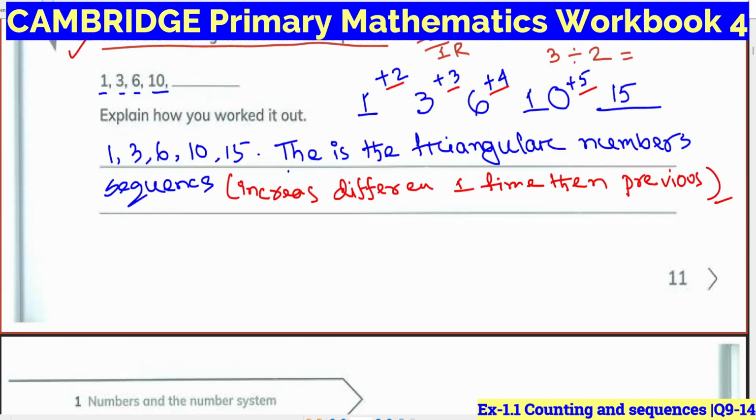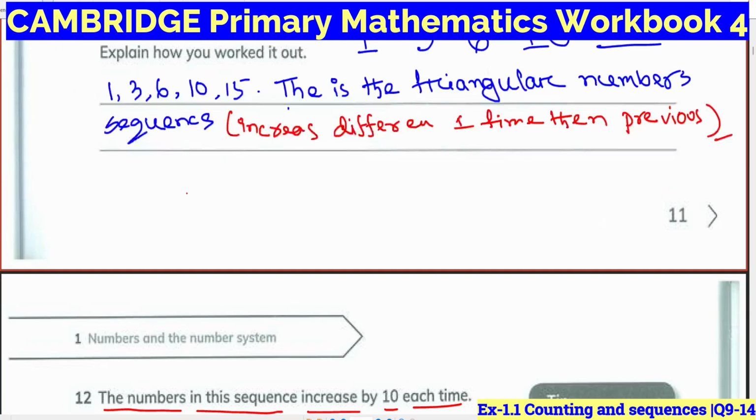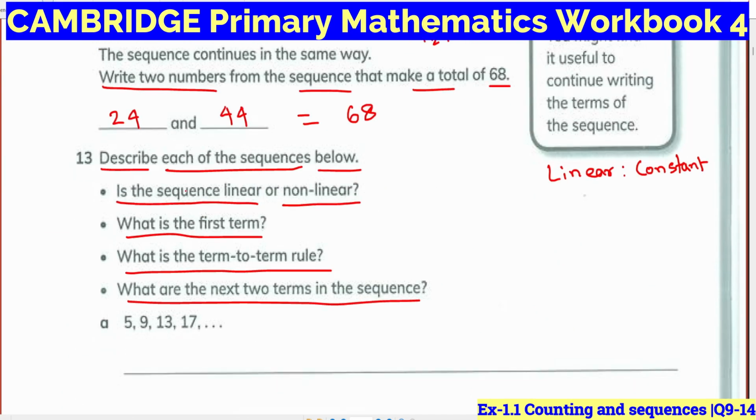But in the previous one, number 11, here is 1, then 3, adding 2; 3, then 6, adding 3; 6, then 10, adding 4. It's non-linear because the difference is not constant. Okay, so I hope you cleared this one.